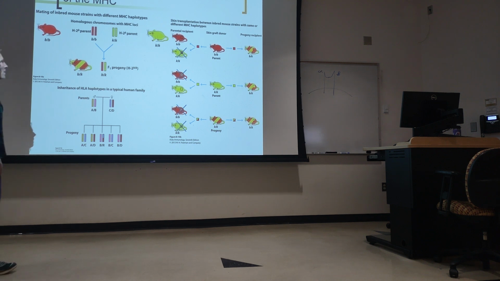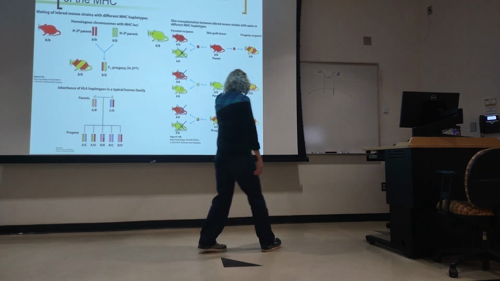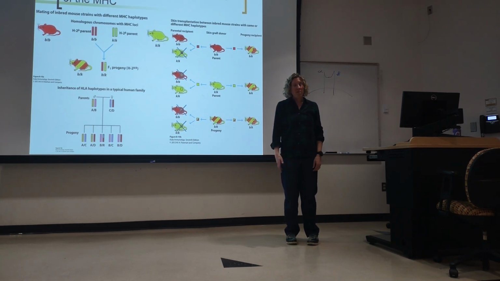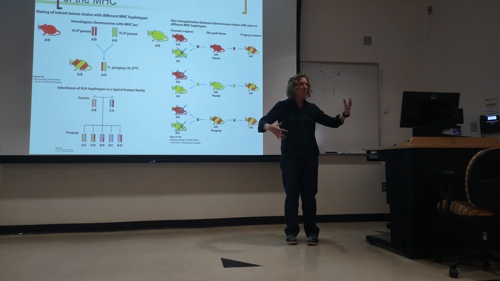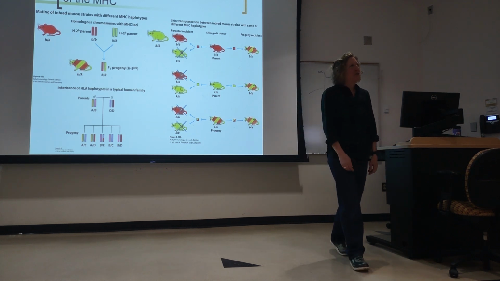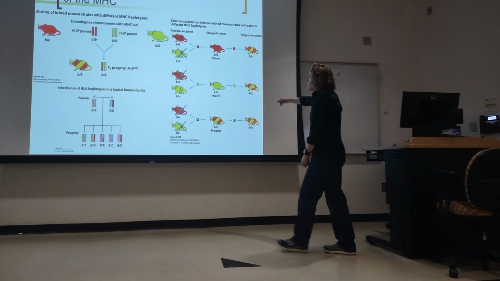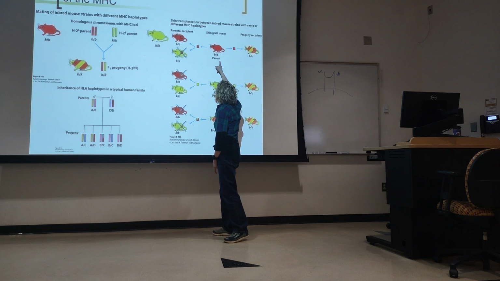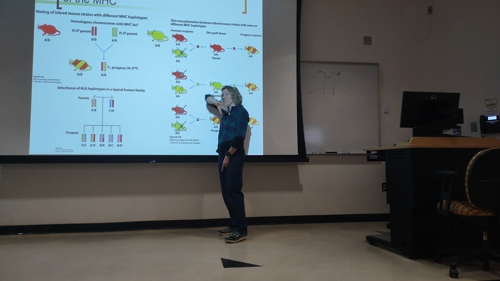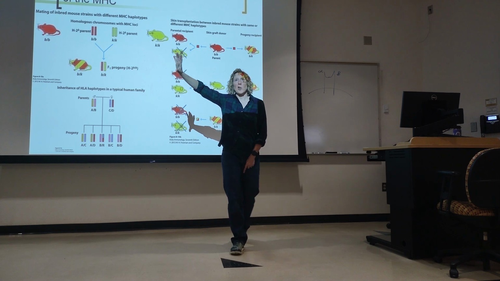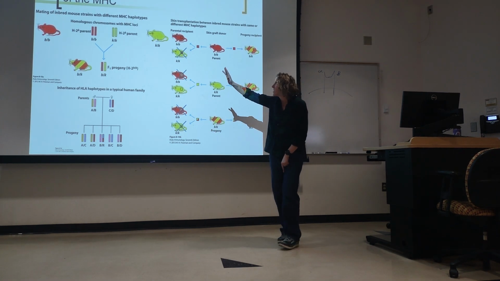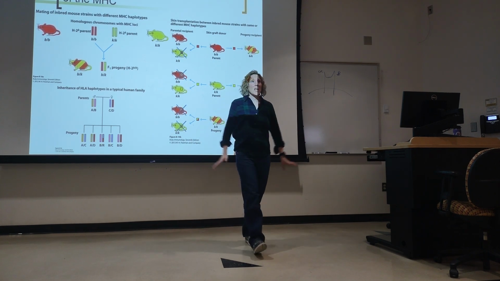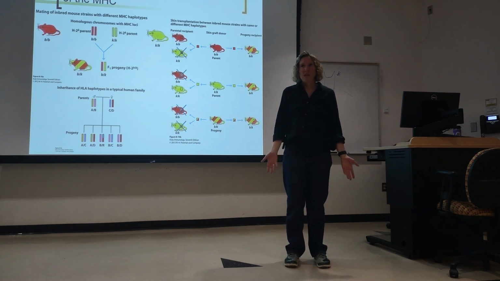So if we shift, this is just looking at skin transplantation. Who can I skin graft onto whom and have them accept each other's tissues? Got dad, mom. If I try to take an animal that is homozygous for their MHC alleles with B alleles and I try to take that tissue and put it on an animal that expresses only K alleles, there will be rejection.